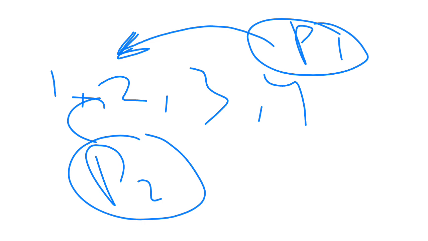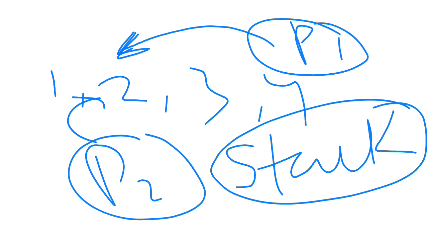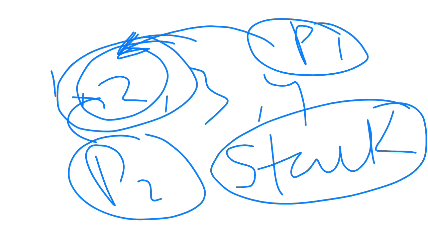In this situation the processes can get stuck. Both try to access the same resource, and this situation is called a deadlock.